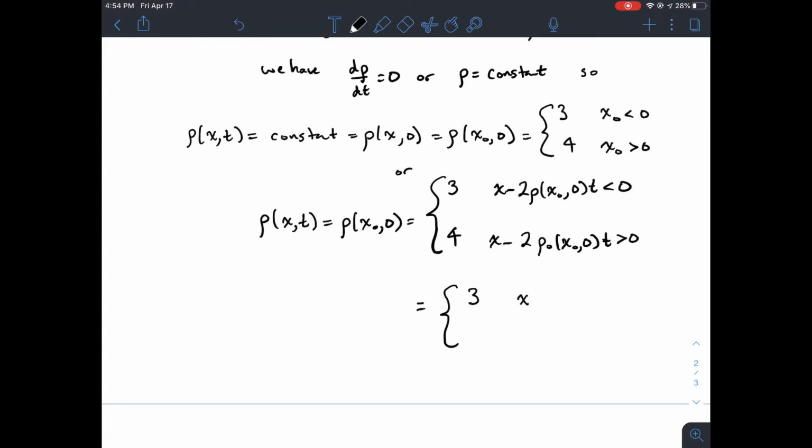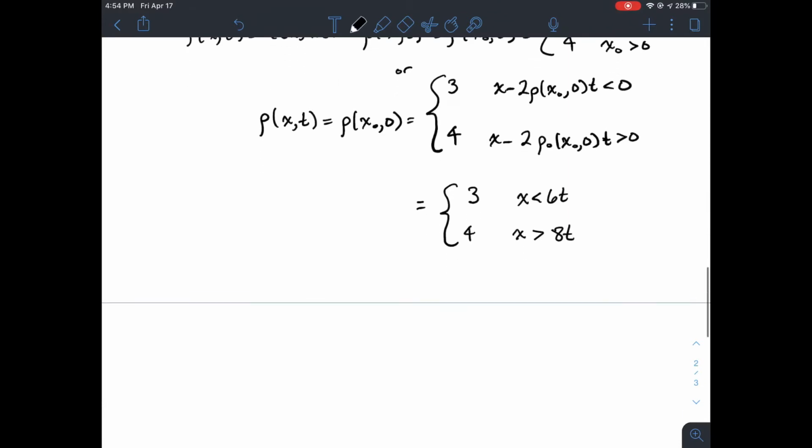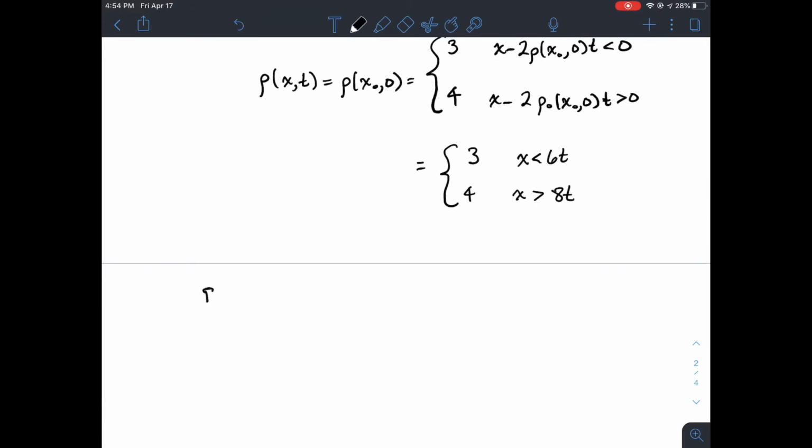If x naught is less than 0, then rho is 3, so that top part becomes x minus 6t is less than 0, and the other one becomes x minus 8t is greater than 0. So what I have is a slope of 3 and a slope of 4, dependent on where I am. But what about the part in the middle?